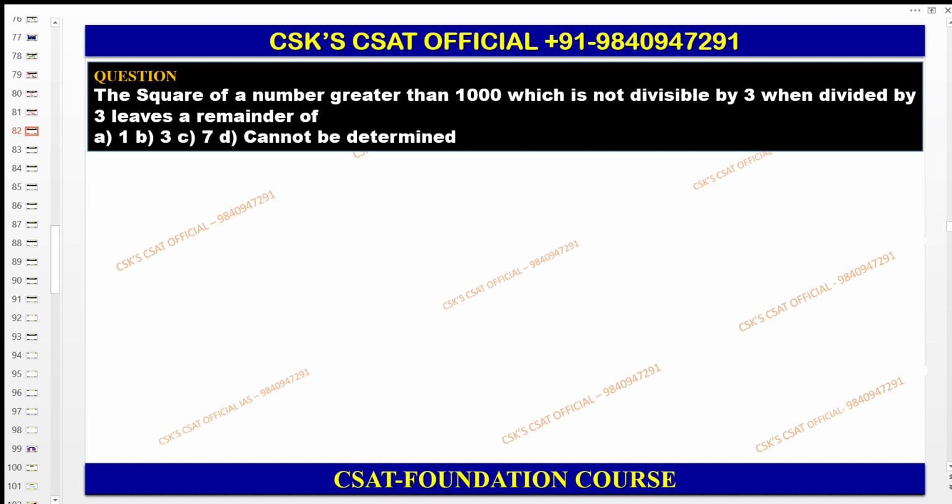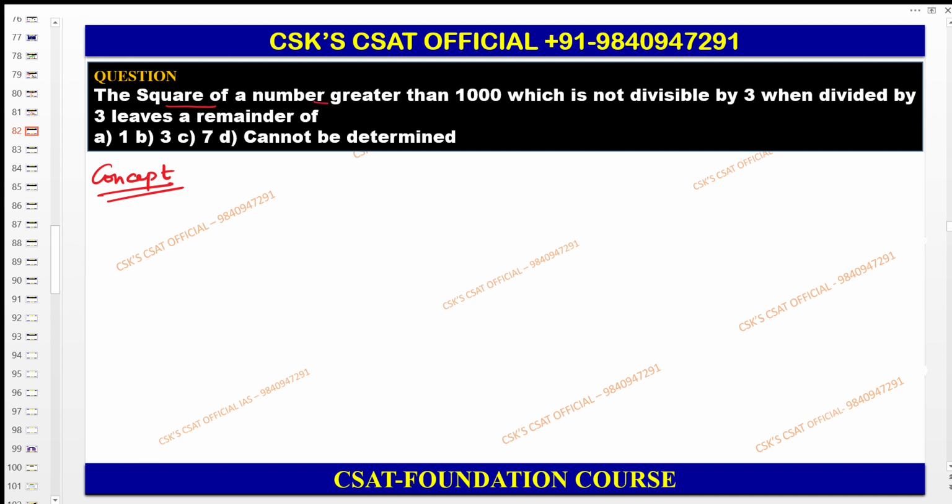The square of a number greater than 1000 which is not divisible by 3, when divided by 3 leaves a remainder of. Before this one, let me give you some concept, then you people understand this concept, then you try to answer this kind of questions. Surely you need to learn the concepts, then only you can able to solve this kind of simple question. Listen carefully.